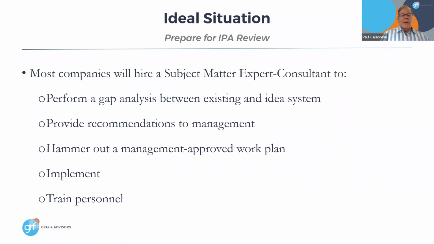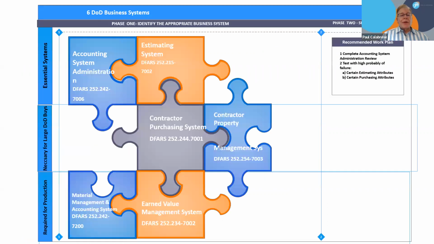Next slide. The next slide is helpful for a couple of reasons. One, you'll see in the puzzles the default references for some of these business systems, if you need to look them up and pull them down. On the far right, this is like me coming into a system where I know their accounting system administration is fine. They've got the foundation.